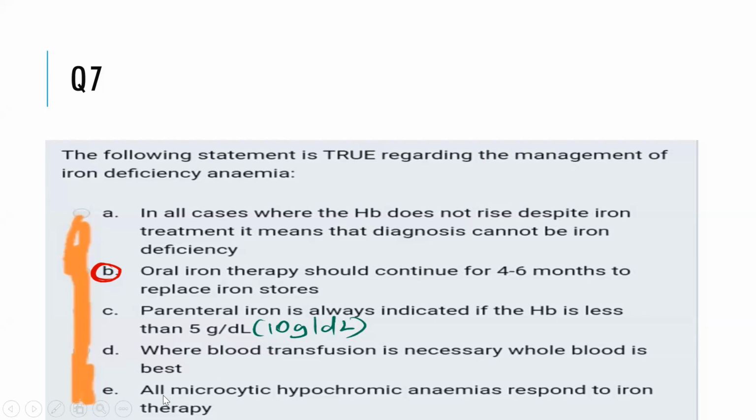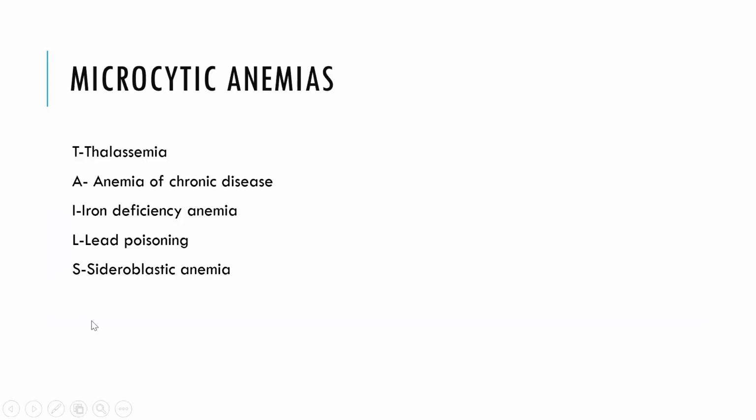So let's start with E. All microcytic hypochromic anemias respond to iron therapy. That's not true. Remember the microcytic hypochromic anemias: we have thalassemia, anemia of chronic disease, iron deficiency anemia, lead poisoning, and sideroblastic anemia.